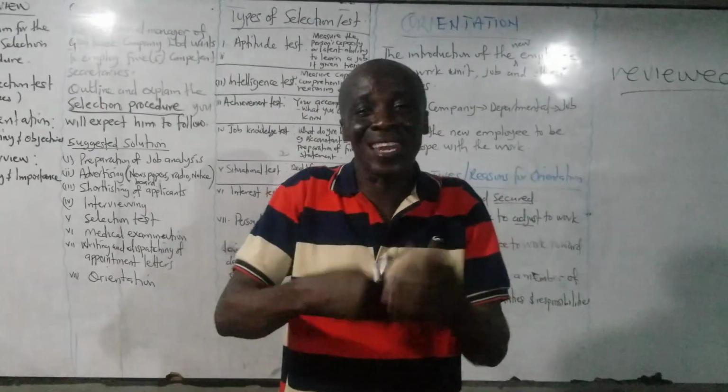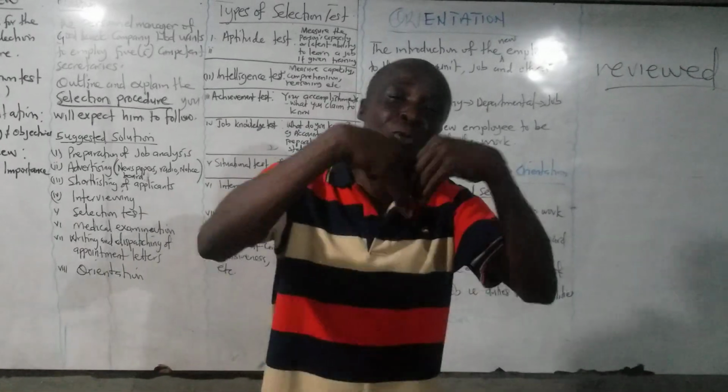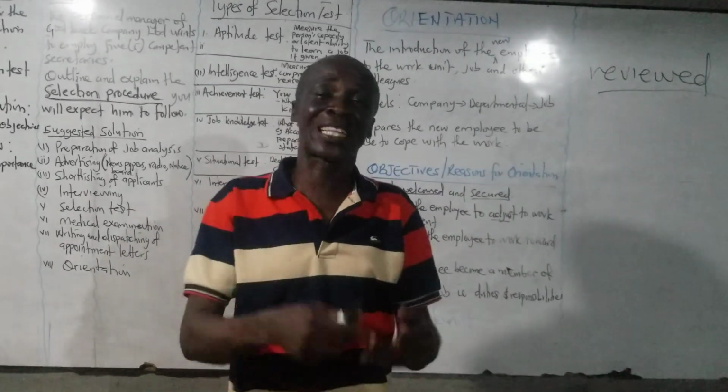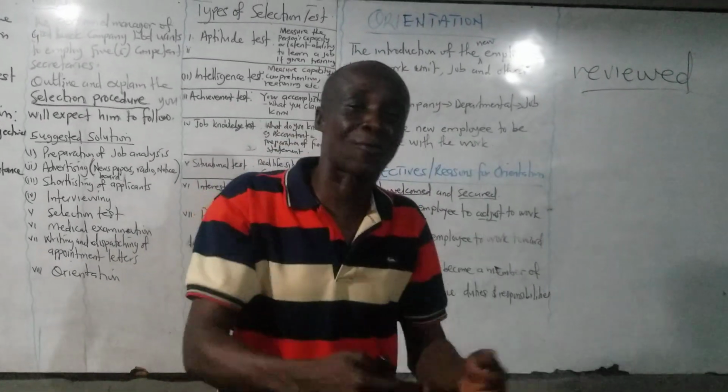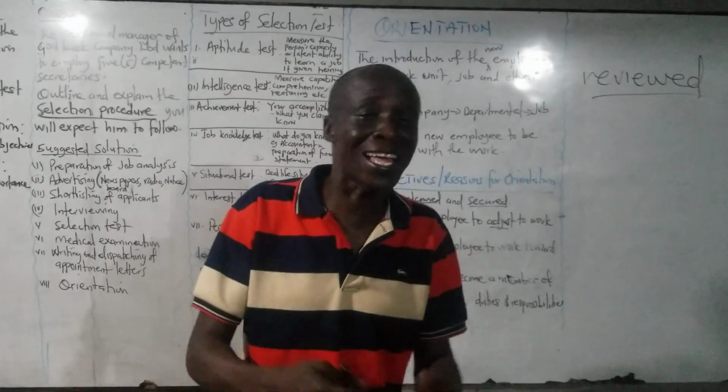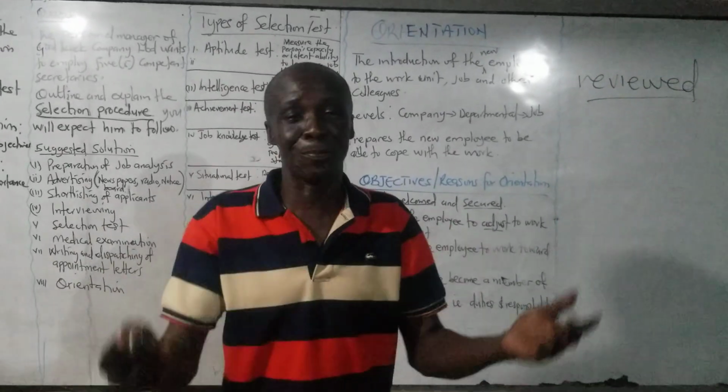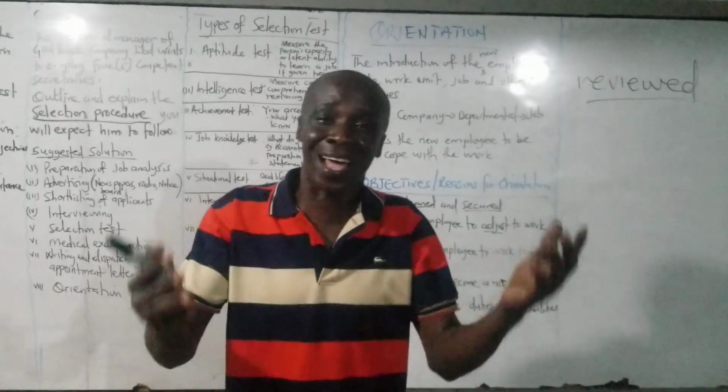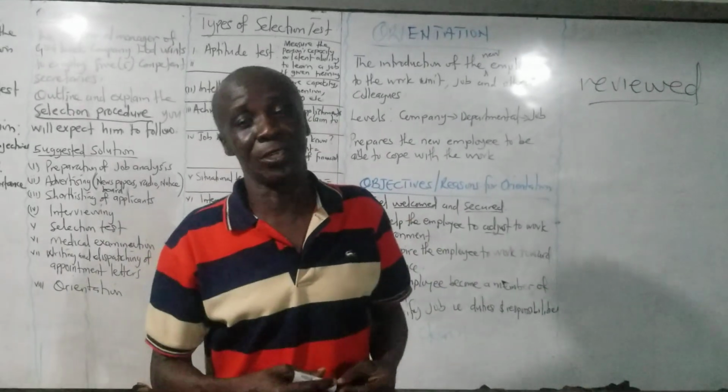So at the preliminary stage, some of them might not qualify. For example, you might have told them, for you to apply for this job, you should be between 30 and 35. Somebody might be 40 and a person may decide to apply, hoping that he or she might be called.